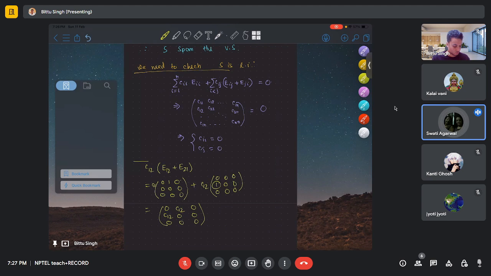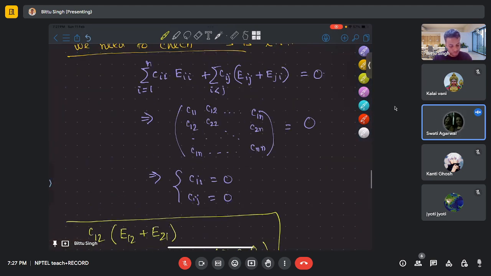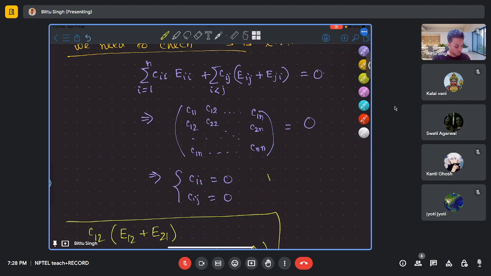But this third line saying Cii is equal to 0 and Cij is equal to 0. Yes. How? Cii means for all i equal to 1 up to n, and here for all i less than j.